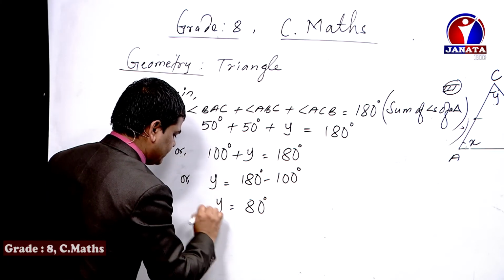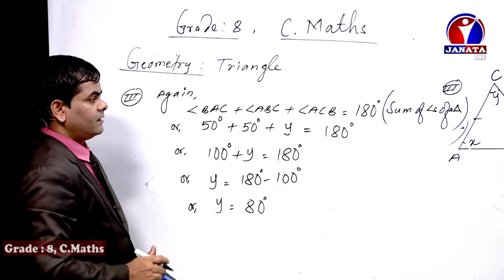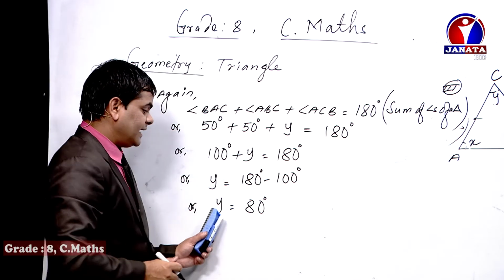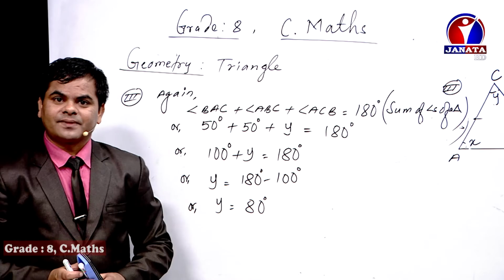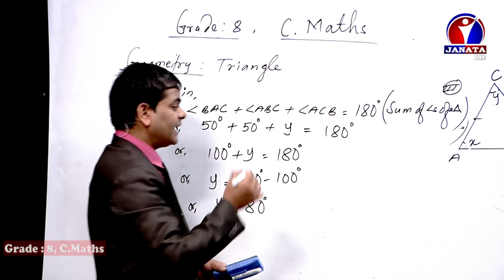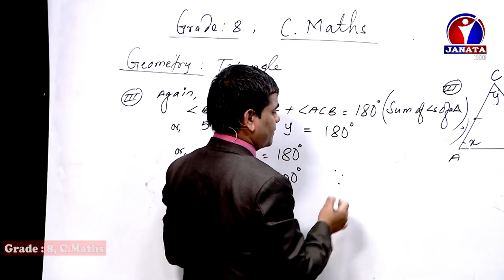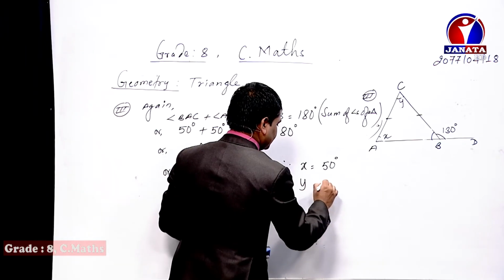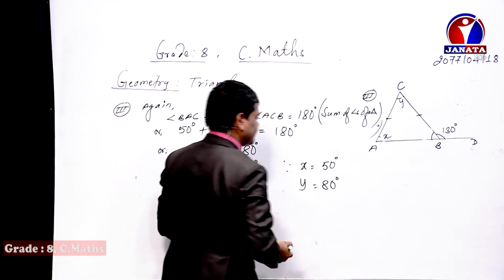So this is the value of y. We got the value of x as 50 degrees, and now we got the value of y as 80 degrees. So at last you can write the conclusion: therefore x equals 50 degrees and y equals 80 degrees as per this question.